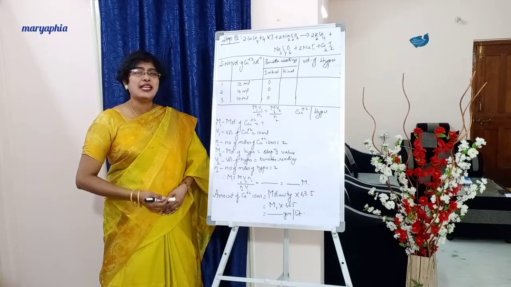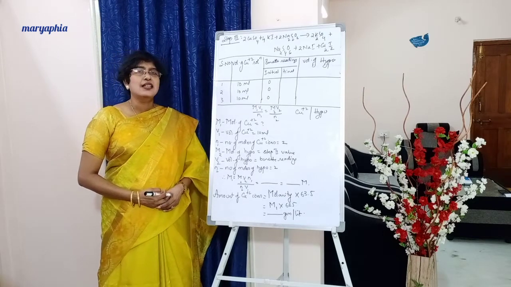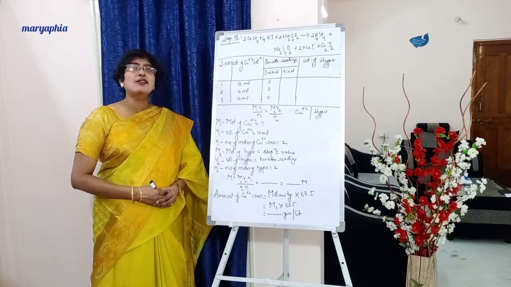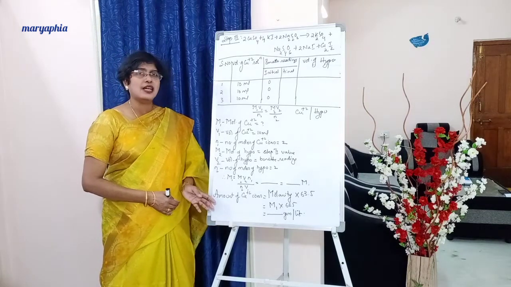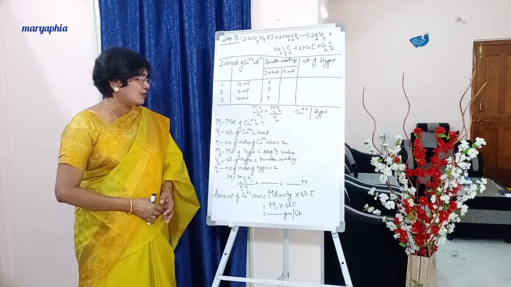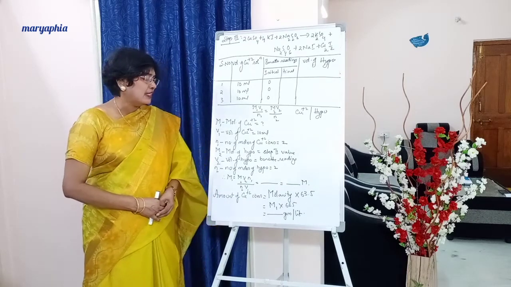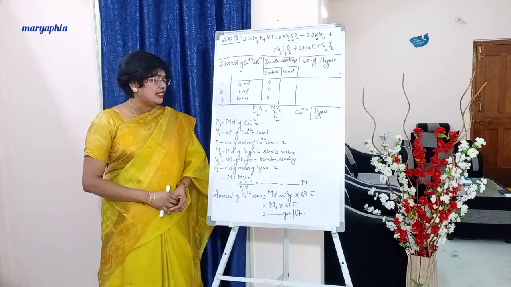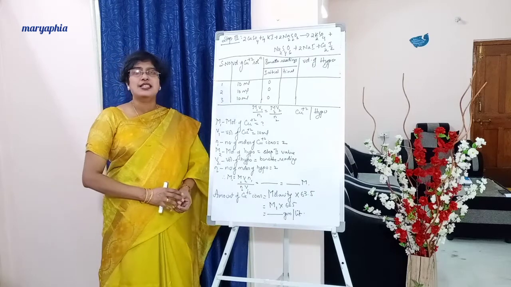Once we get the molarity of Cu2+ ions, we will multiply with the molecular weight, from which we get the amount of Cu2+ ions present in the solution. So finally write down: amount of Cu2+ ions is equal to molarity into 63.5, is equal to M1 into 63.5, is equal to dash grams per liter.